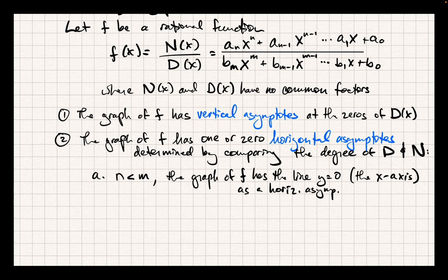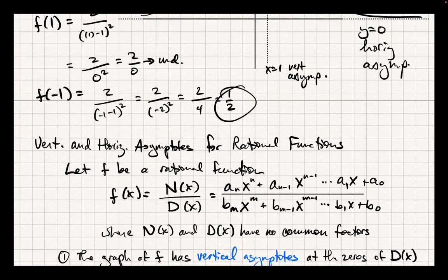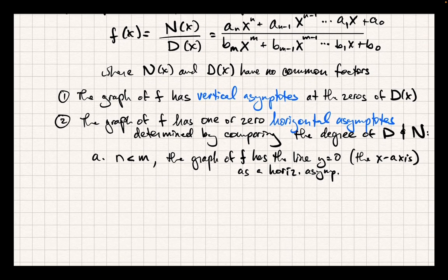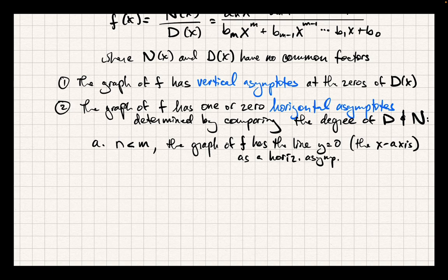So if the degree is smaller on the top than it is on the bottom, that means the bottom grows faster than the top grows. So that means eventually it goes to 0. So it's not just that it has a horizontal asymptote, it actually has a horizontal asymptote at y equals 0, the x-axis, when n is smaller than m.